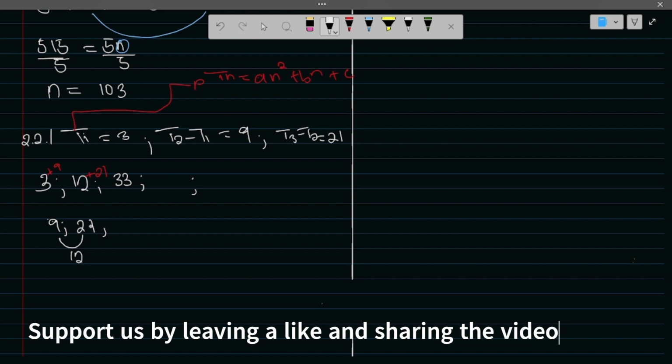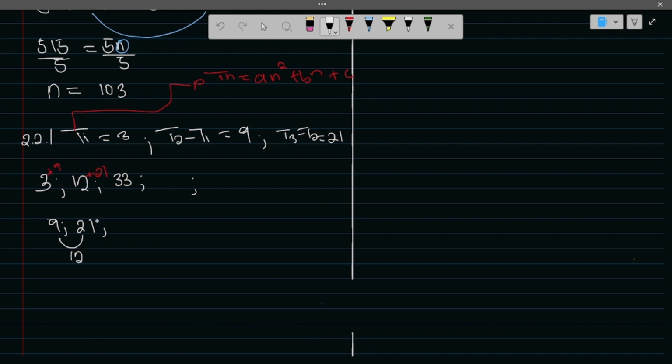As soon as you get the second difference, you just say plus 12 to this 21, which will make it 33, and 33 plus 12 will make it 45. So basically this is the first difference.